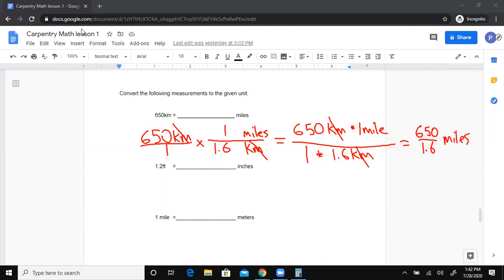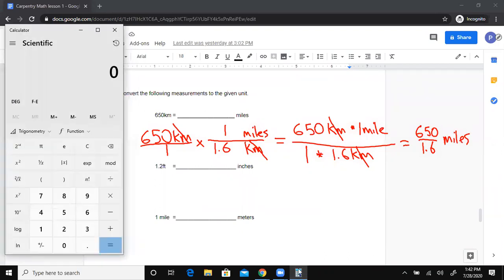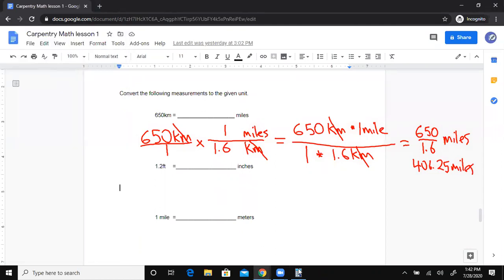So we can type this into our calculator, open it up, clear everything there. 650 divided by 1.6 is 406.25. So 406.25 miles. I'm just going to erase this example now because I've taken quite a lot of space and I want to move it up on my board. So anyone who needs to look at this longer can take a minute and pause.